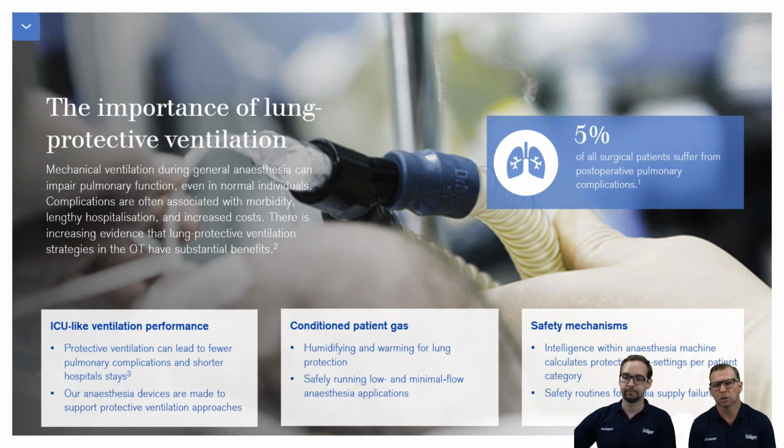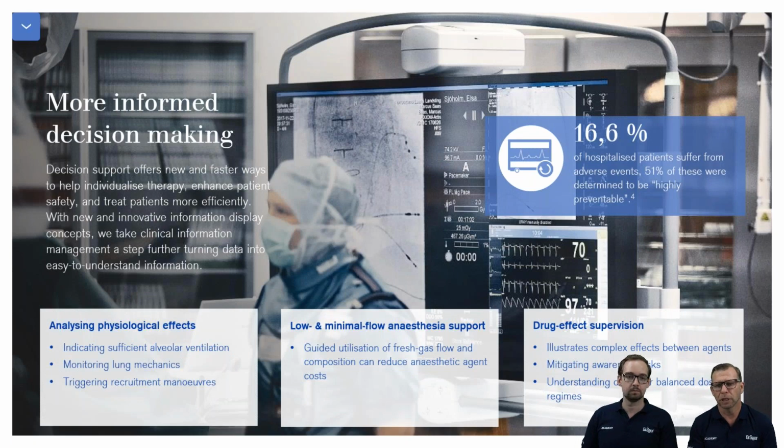With Dräger devices, we're focused on the quality of the device, but also on the ability to train and support clinicians to achieve those clinical goals. To do that, we need to give you information, and provide training and support to help make informed decisions.